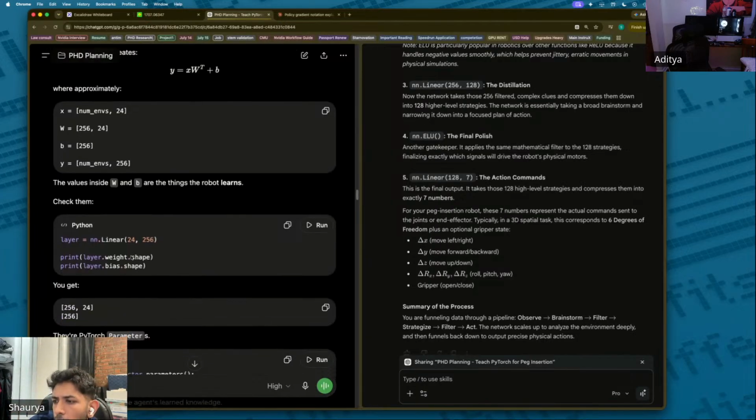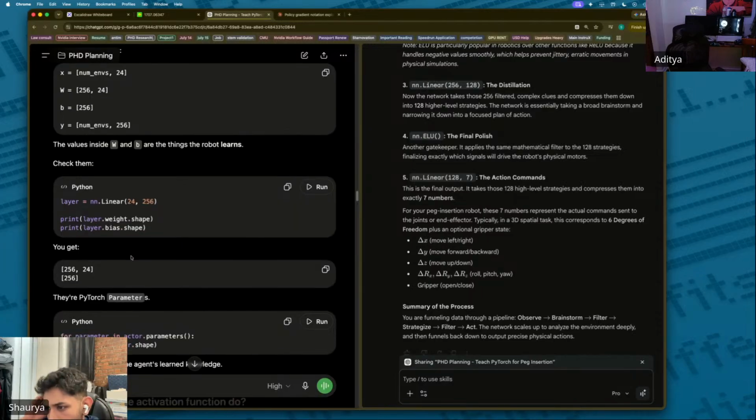Check them. Layer is nn.Linear. Print layer.weight.shape. So the layer weight shape is 256, 24, and the bias shape is 256.